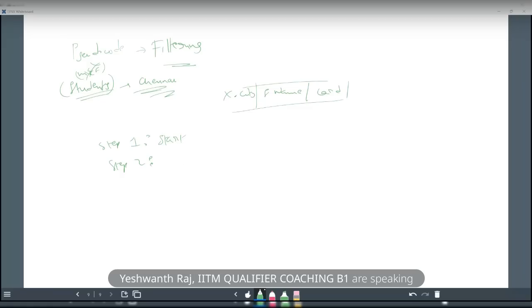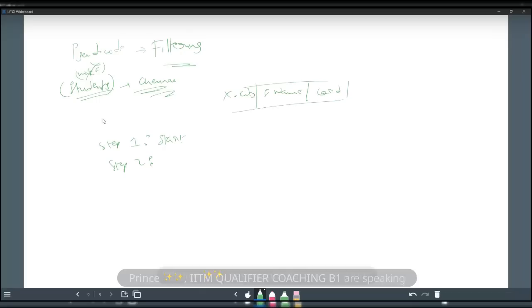Count will be 0, sir. Yes, you're 100% right. As we are confined to finding out the number of students, we need to initialize count to 0. Yes, what your friend told is right.